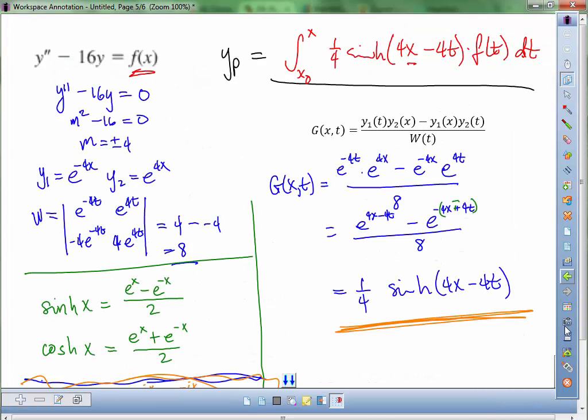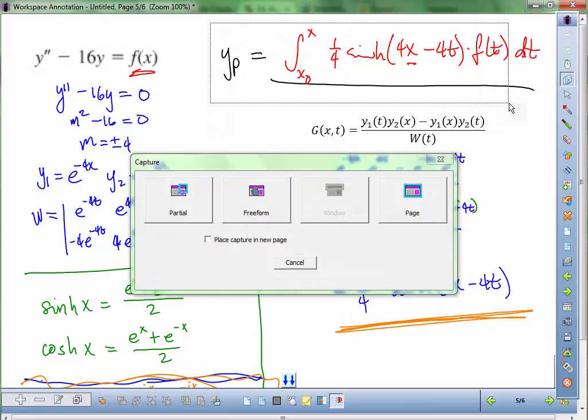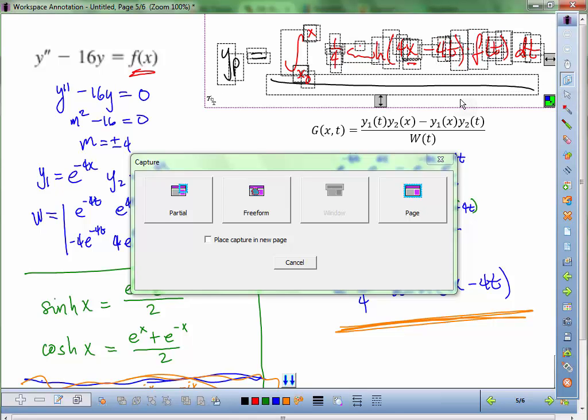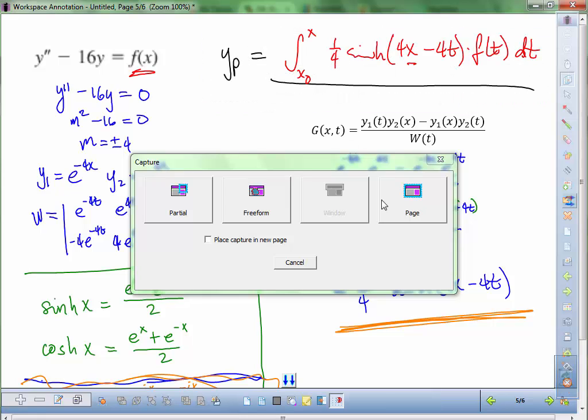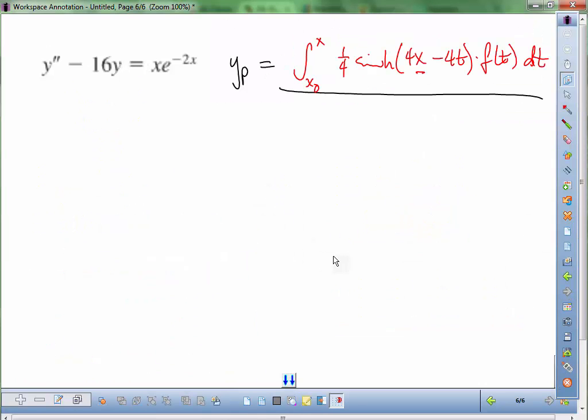What I'm going to do is just steal what we've already done. Borrow. We already know the y particular for this for generic f. So instead of going through that big mess again, we already know Green's function for this.